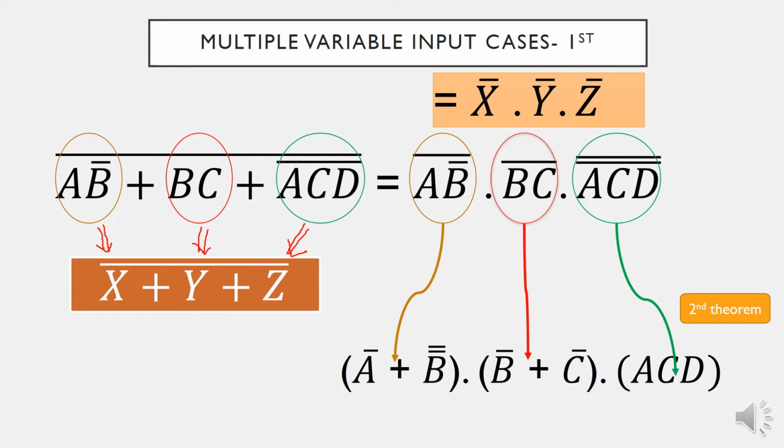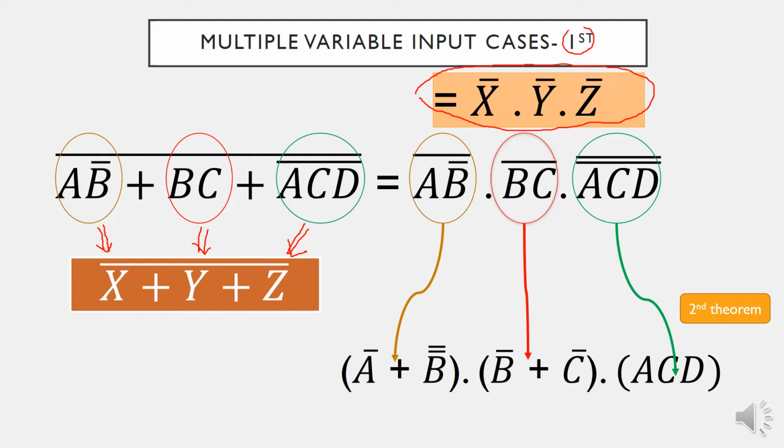Then if we follow the basic Boolean theorem, the equivalent equation will become like that. So X complement and Y complement and Z complement. Our final expression after applying the first Boolean theorem can be obtained by replacing each variable with its equation.